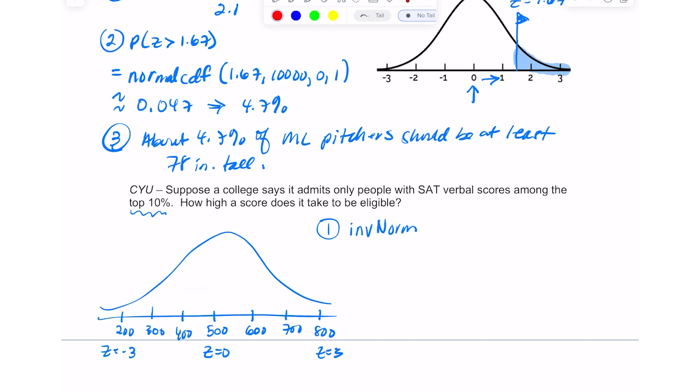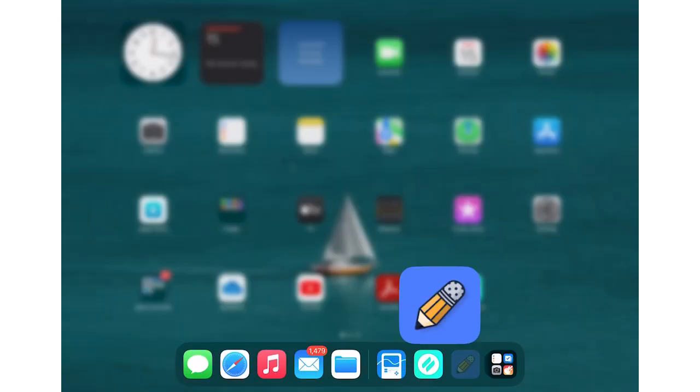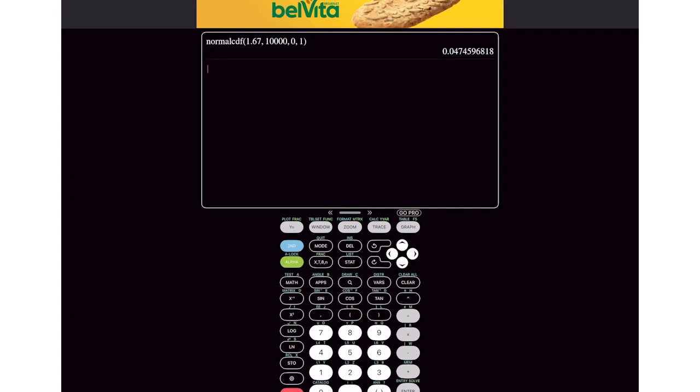That's going to be 90%. And I'm getting that because it's 100% minus 10%. So that means I'm looking for where approximately is the area under the curve 90% or 0.9? The area under that curve, the one we just did, was 0.047, or 4.7%.